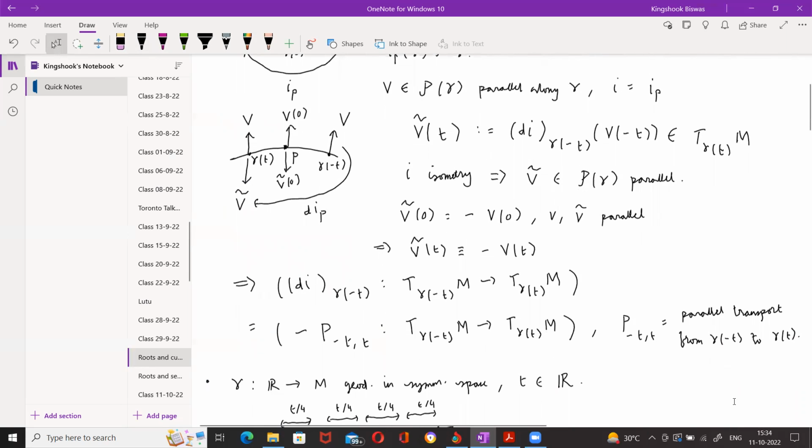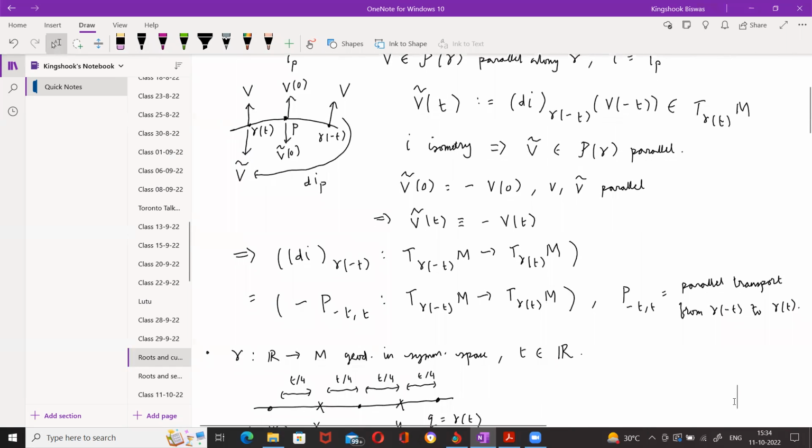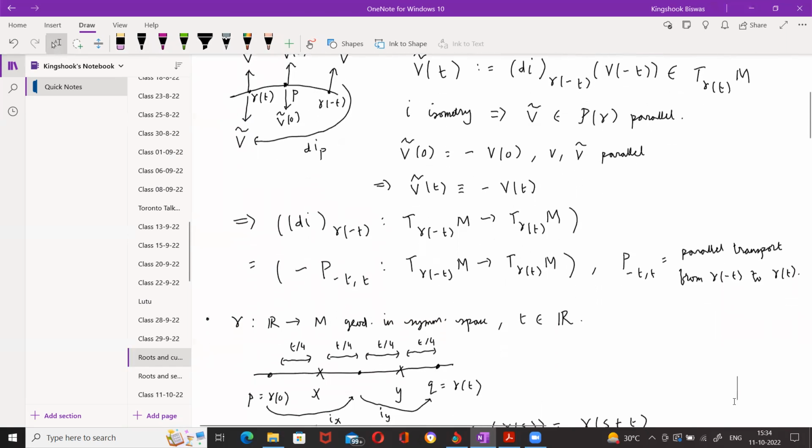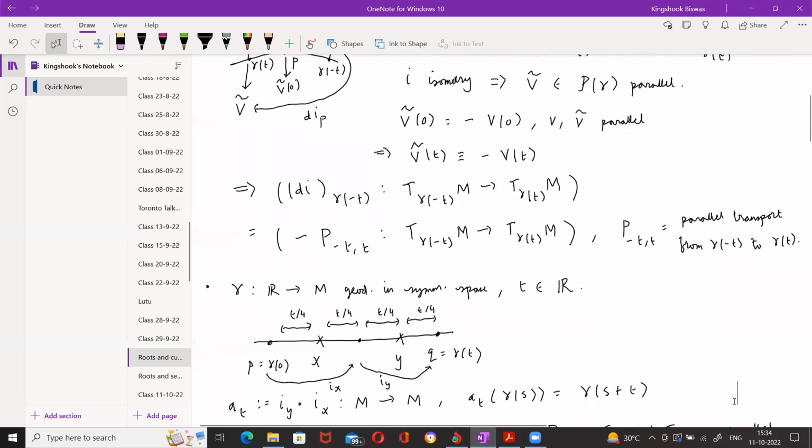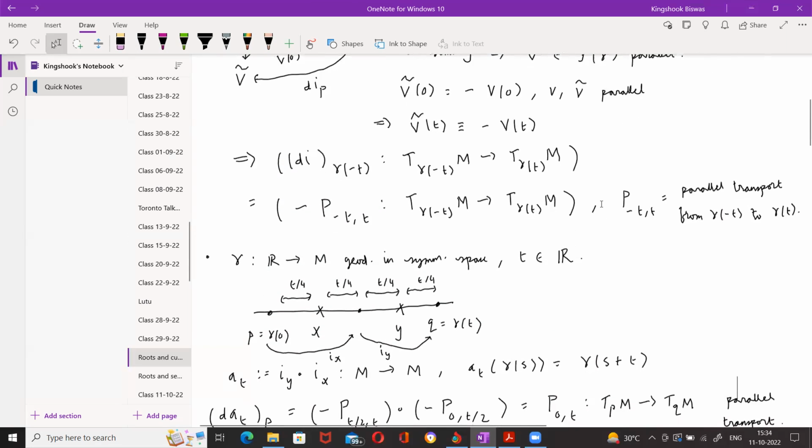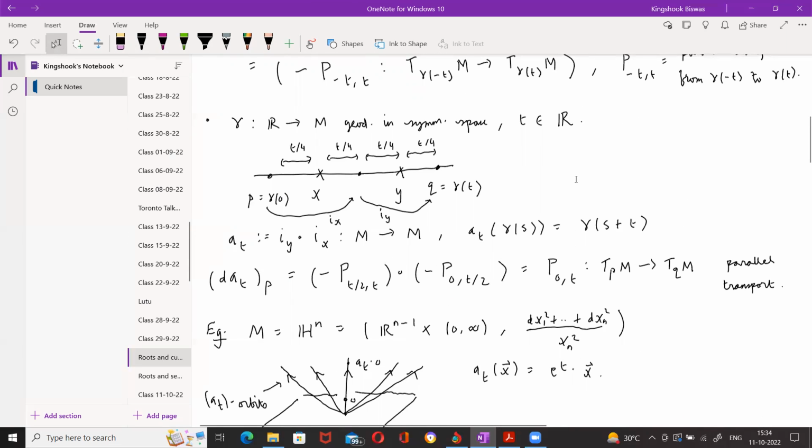So we've got something about the derivative of this involution, the geodesic involution. Now we can use this to construct the following isometries which preserve a geodesic. So suppose gamma is a geodesic in a symmetric space. I take 2 points, say gamma 0 and gamma t, as my points P and Q. What I do is divide the interval from P to Q into 4 equal parts, so each distance is t by 4.